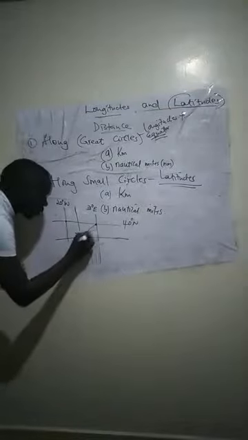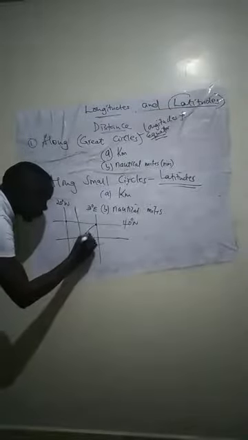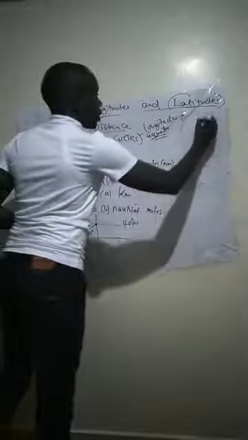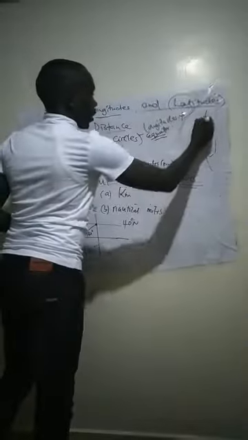So recall that I said latitudes are measured from the equator. So I have measured 40 degrees here because latitudes are measured from the equator, and also on this other side because they are along the same latitude, so I will still measure 40 degrees here. So if you're moving along a circle of longitude, remember we said from our globe that if this is a prime meridian, let me draw a bigger one.